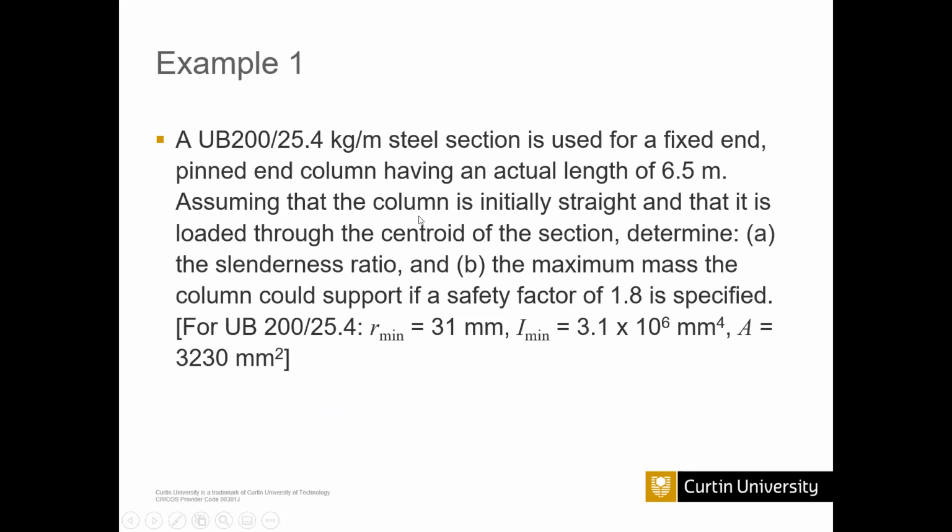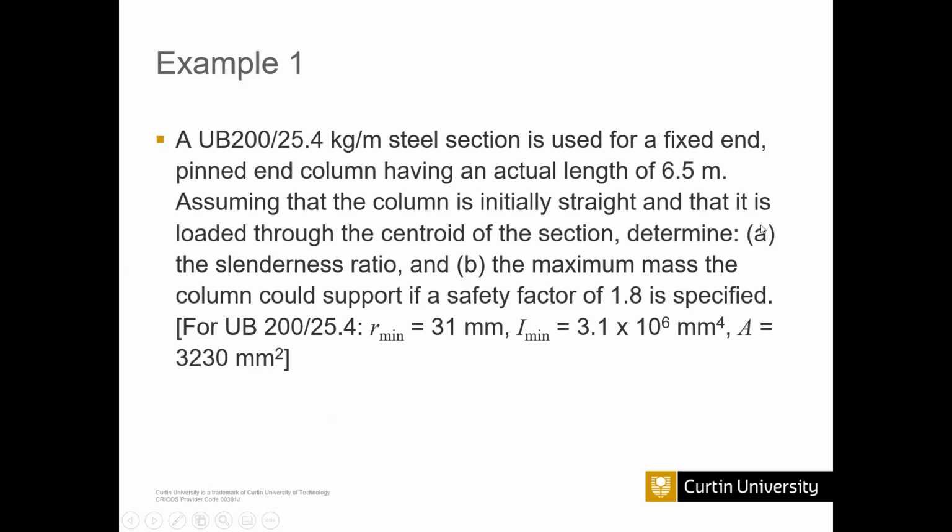Assume that the column is initially straight and is loaded through the centroid of the section. That means we still don't know the secant formula. So we are going to deal with the concentric load, through the centroid of the section.